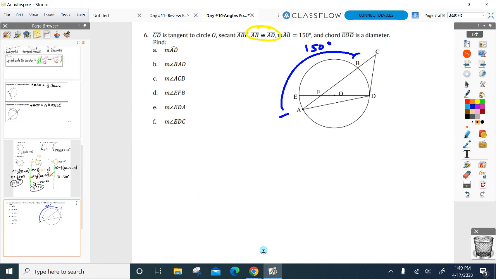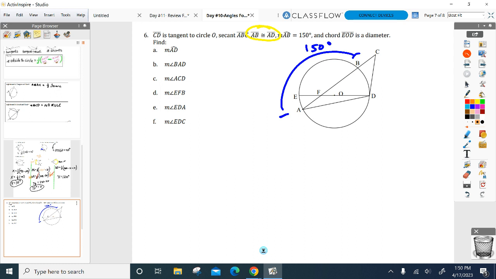If I know two chords in a circle are congruent, what else is congruent? Arcs. If the chords are congruent, so are the arcs. So chord AB and chord AD are congruent, which means arc AB and arc AD are congruent.